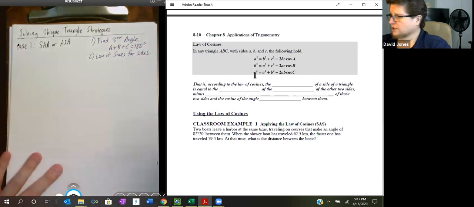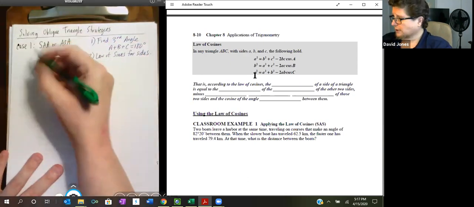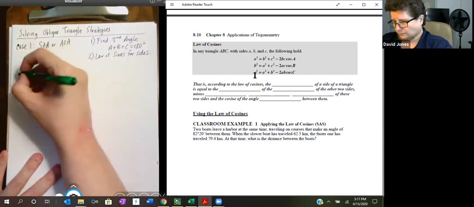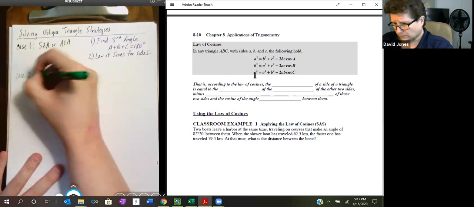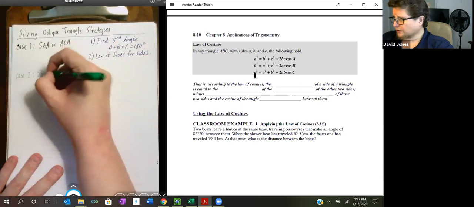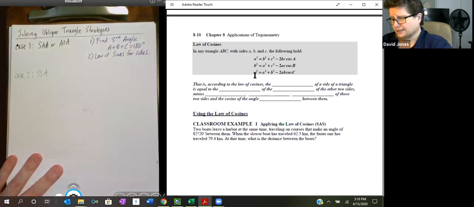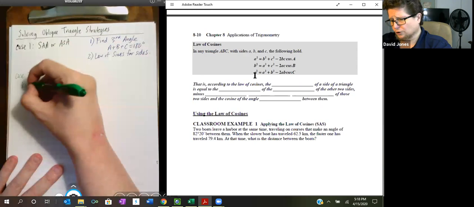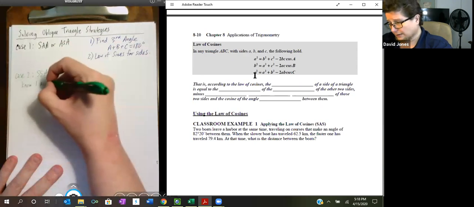Case two was our potentially fun one. Side-side angle. In this case, we know one angle, but not the included angle.